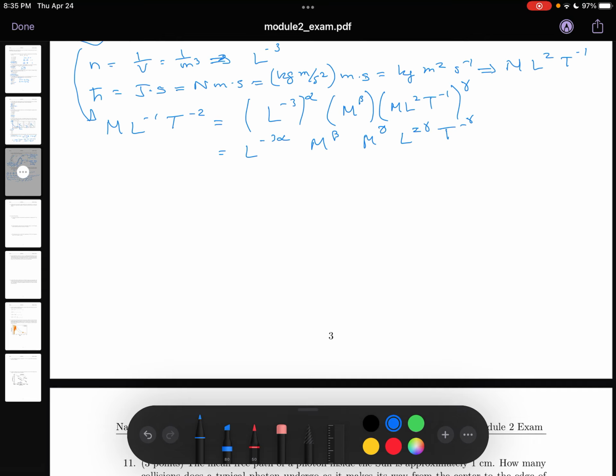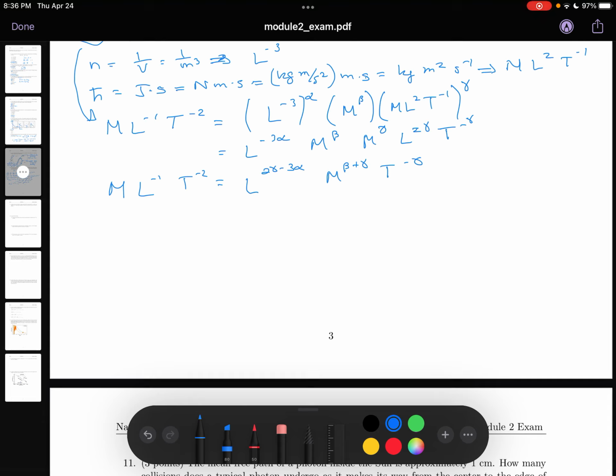So for length, we have 2 gamma minus 3 alpha. And then for mass, we have beta plus gamma. And then for time, we have minus gamma. And then we bring down what we started with for pressure: mass, length to the -1, t to the -2.